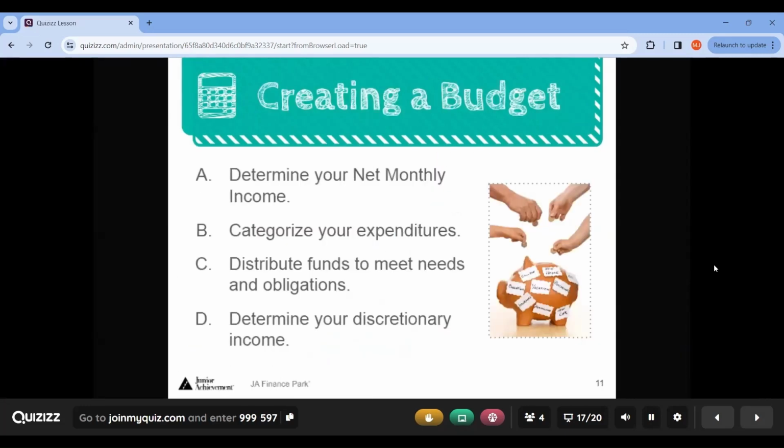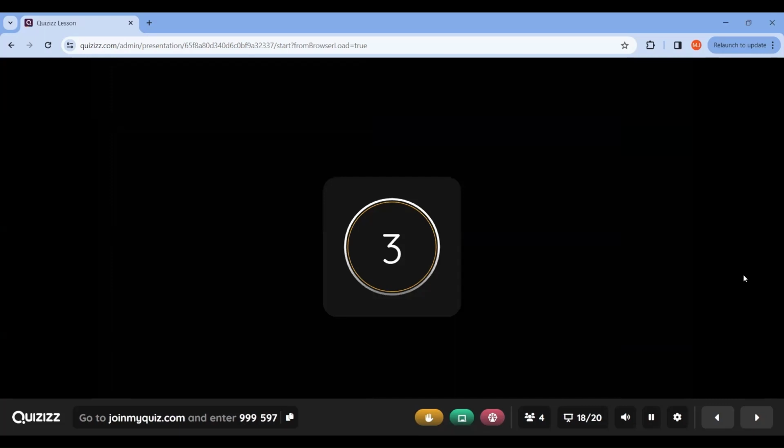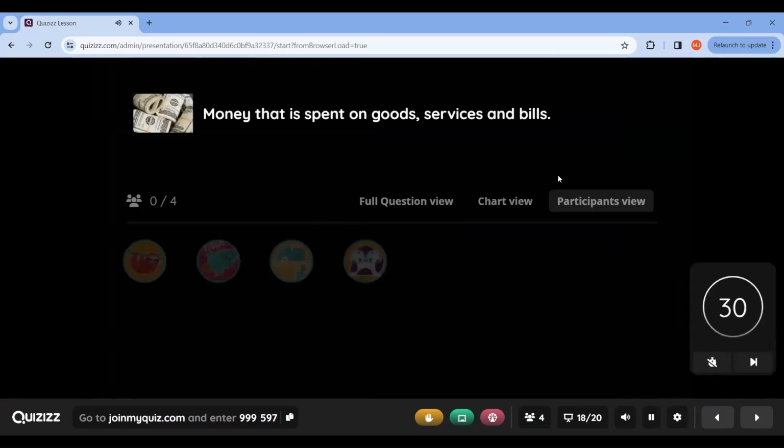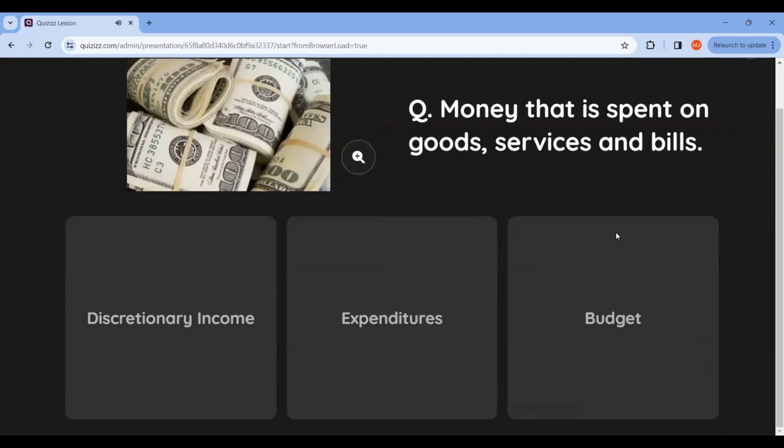So creating a budget: you determine your net monthly income, categorize your expenditures, distribute funds to meet needs and obligations, and determine your discretionary income. So money that is spent on goods, services, and bills, what's that called?